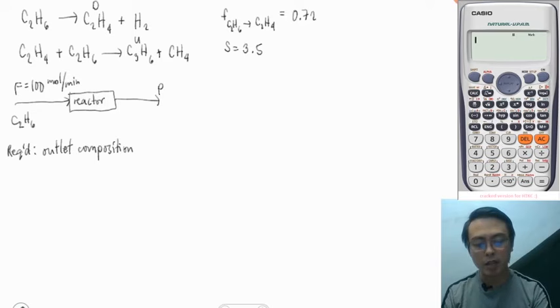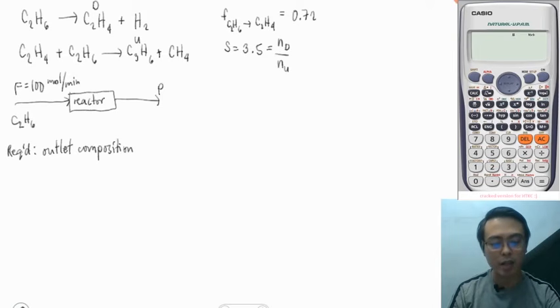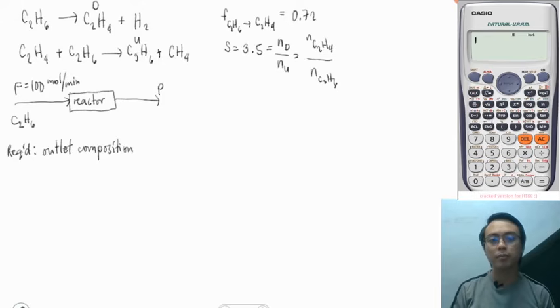As discussed earlier, selectivity is the number of moles of the desired products over the number of moles of the undesired. So the selectivity is the number of moles of C2H4 in the product stream over the number of moles of C3H6 in the product stream as well.